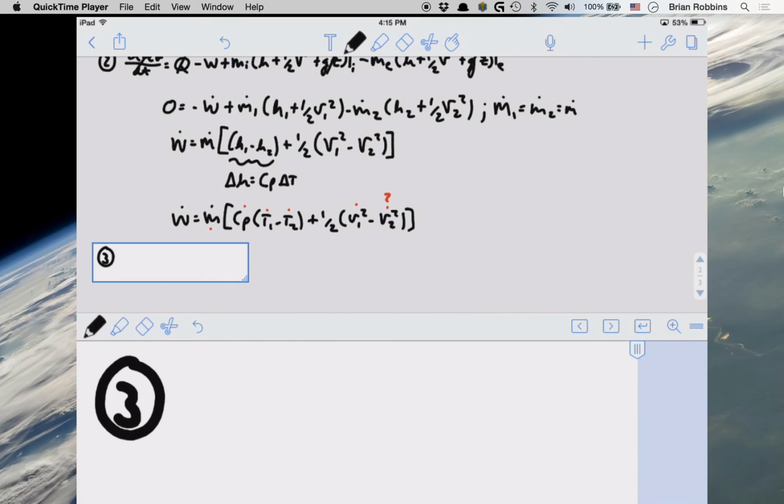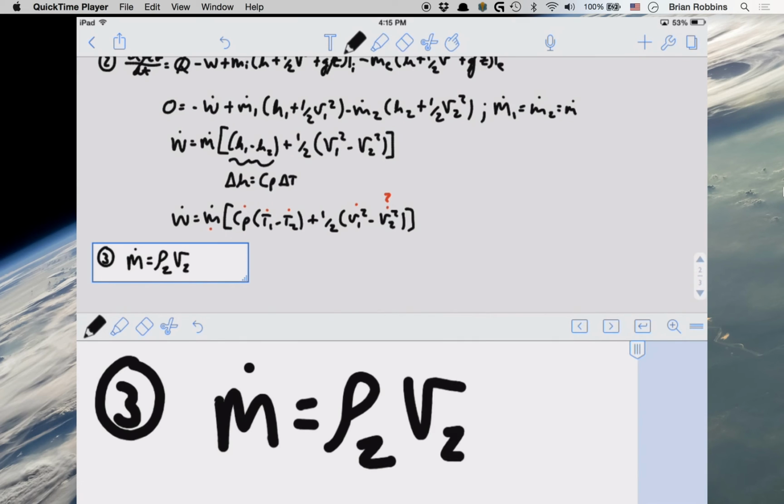So since we know m dot, the temperature, the pressure, and the area at the outlet, we can figure out what the velocity is. So let's go ahead and do that. We get m dot is equal to rho 2 times V2 times A2.